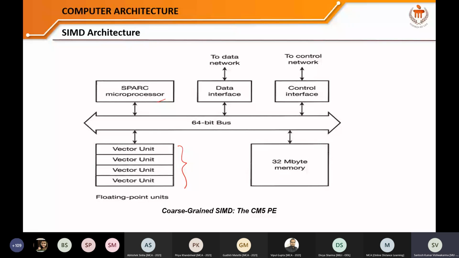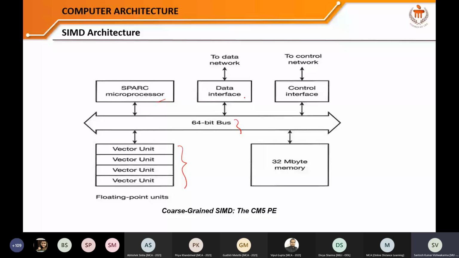So let me write this also. Once you have this 64-bit bus, although I have just taken this example according to your contents, it is a 64-bit bus, but there are different variations of these topologies also. So there is a data interface, and we have this data network, and there will be a control interface, and there will be different segments of memory.